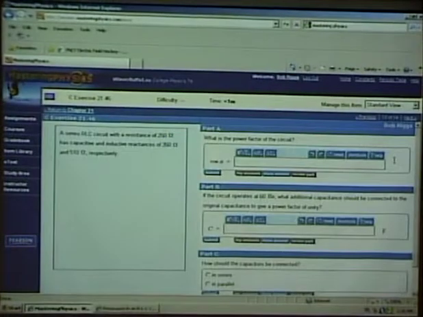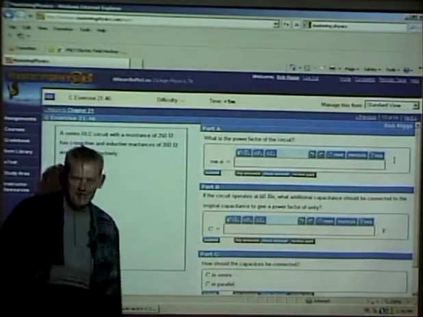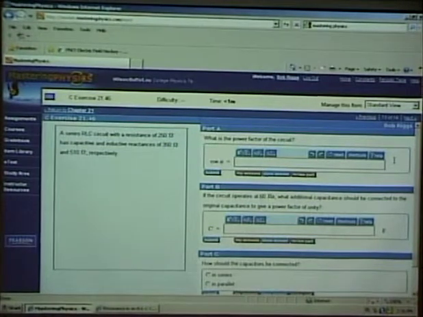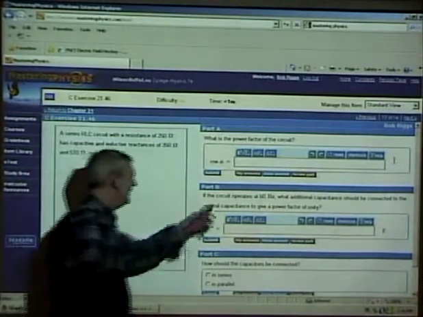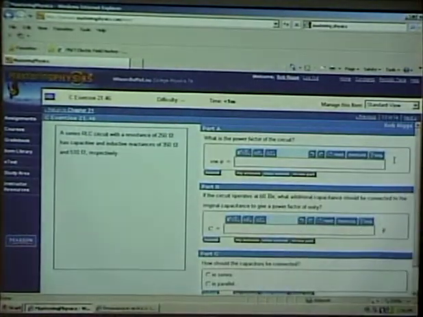Let's just see what the next one is. I'm curious now. Oh, the power factor of the circuit. There's an equation, and I forgot what it was, so you can figure it out. It's in the book. Here's what you do. You find that phase angle.